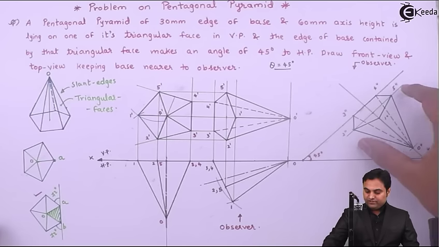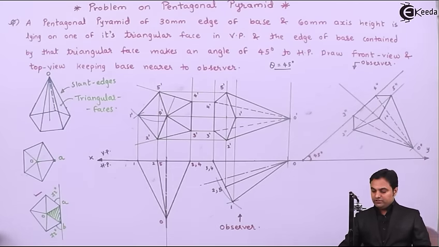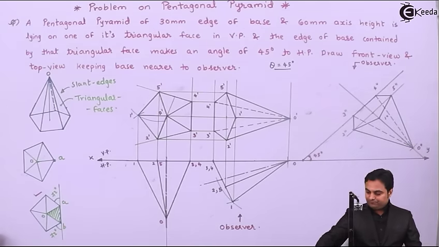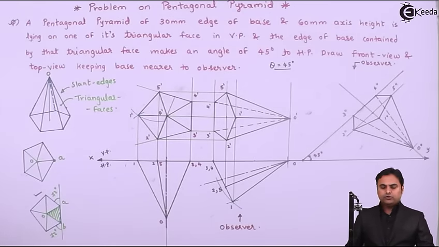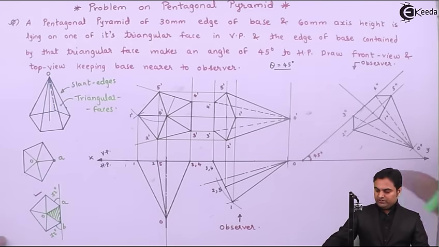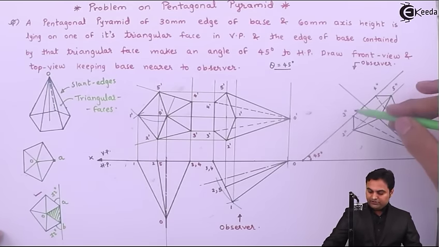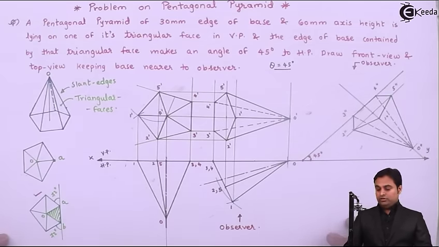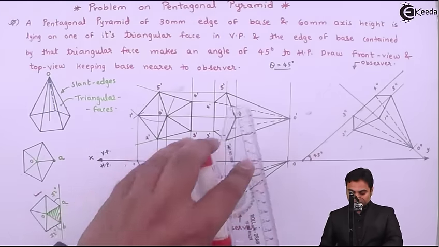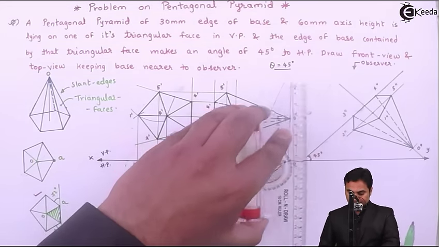Now after this I'll draw the top view for this inclined pyramid, and for that I need to project those points first which are closer to the observer. So if I look into this diagram, points 3 double dash 4 double dash are closer, so I'll plot them first. That is the sequence in which we should draw it.